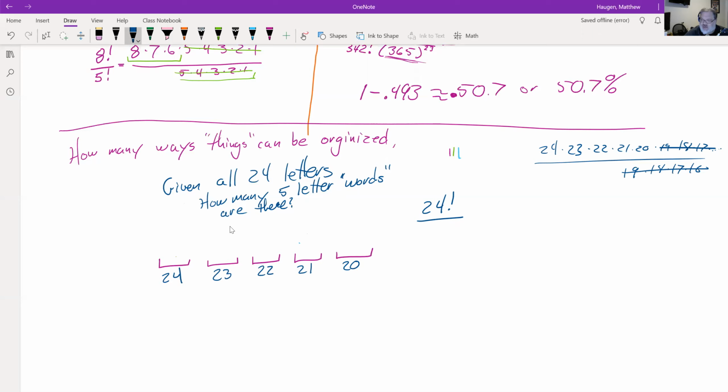So we're going to divide that by 19 factorial. You'll often see this written, by the way, as n factorial over n minus x factorial: the number of ways over the number of ways minus how many boxes we filled. So 24 factorial over 24 minus 5 factorial.